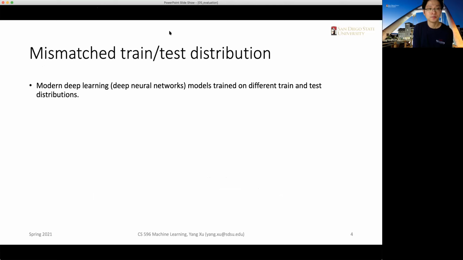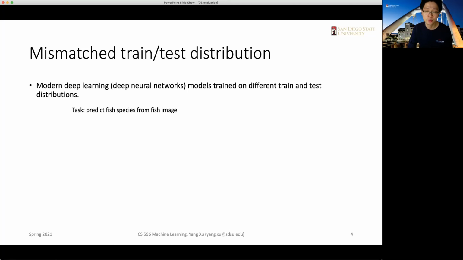Talking about the splits between train and testing distribution, we inevitably face the problem of mismatch. A lot of the application scenarios for modern machine learning based applications use quite different training data sets versus testing sets.